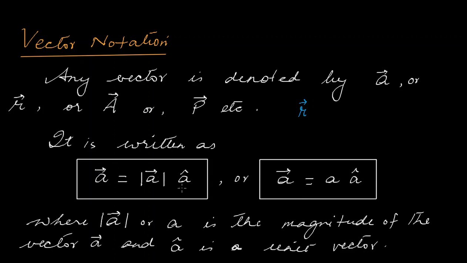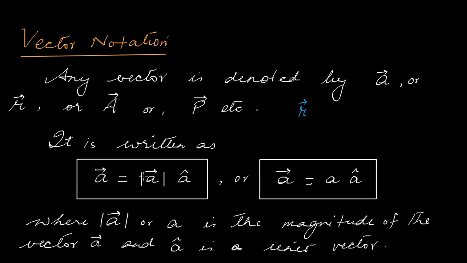This is nothing but a unit vector, or we can simply write A bar is equal to A into A cap, where A bar modulus, or simply A, is the magnitude of the vector A bar. Understand?